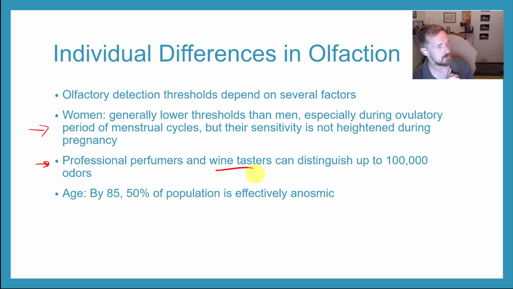However, again, this does change over time. By the time we're 85, about half of us are going to be roughly anosmic. And the reason for that could be because of illness. It could also be because by the time we're 85, many of us have fallen down and had injuries where maybe we fractured our cribriform plate and we can't smell, because we have anosmia now.